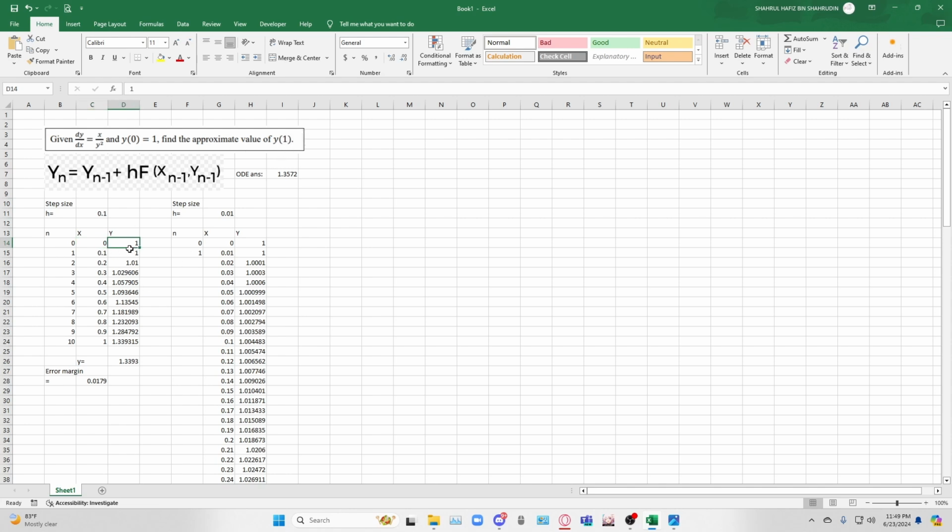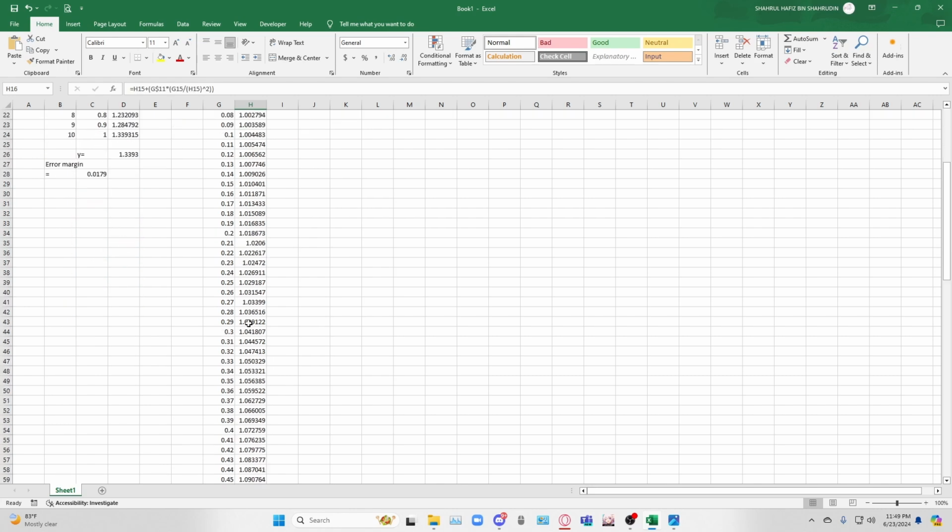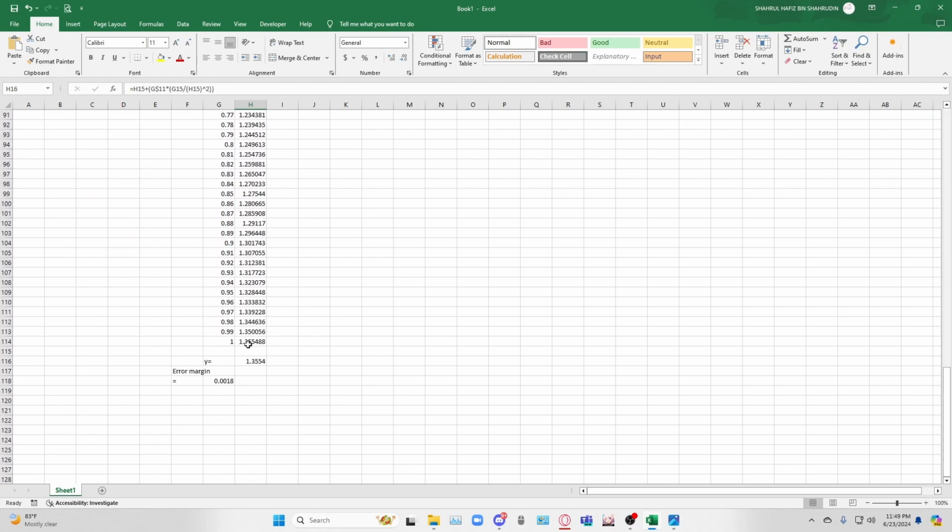And this is my y value using this formula, which is using my previous y value plus the step size, and using basically just this formula right here to get this, and drag it along until x equals 1. Same for this side, except this one has around 100 rows to reach x equals 1.